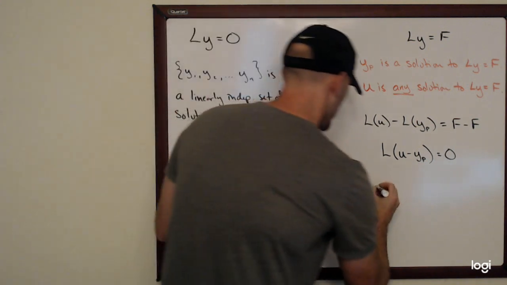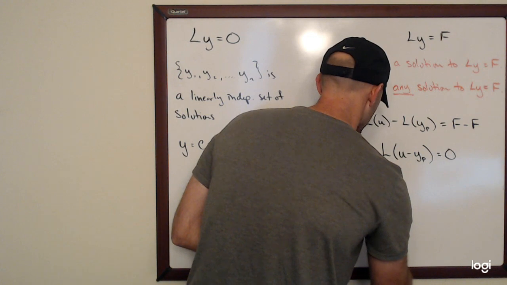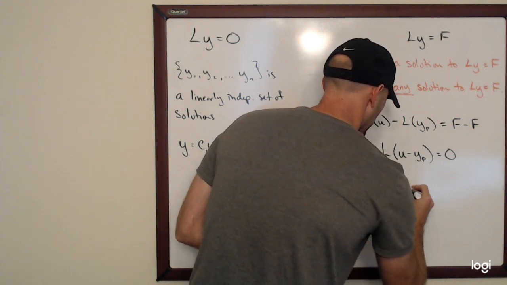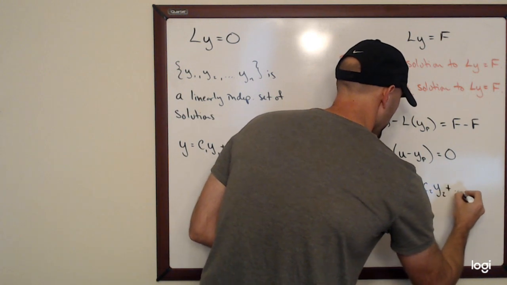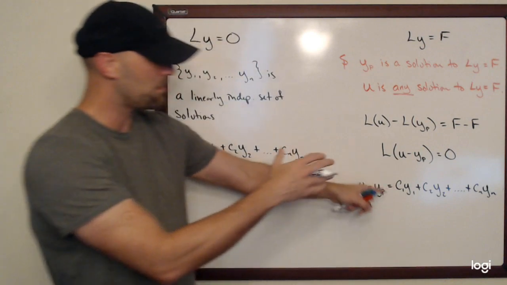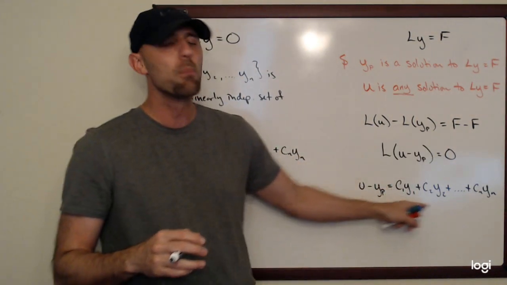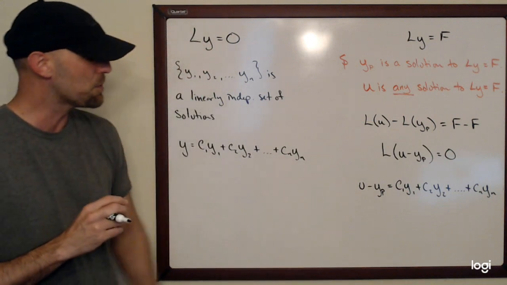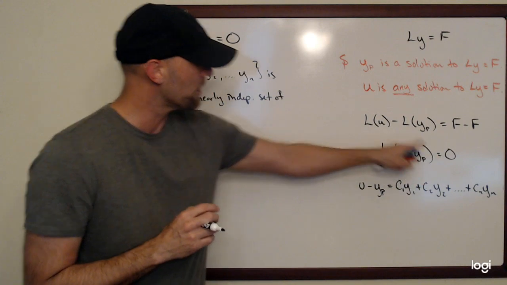So U minus y sub p must be c1 y1 plus c2 y2 plus cn y sub n for some c1, c2. I might have to appropriately choose my c's, but yeah, I can write this in that form, okay? Because again, this is a solution to the homogeneous version.